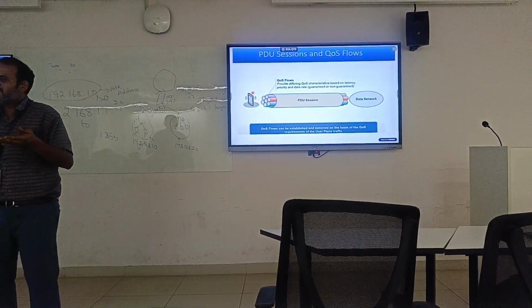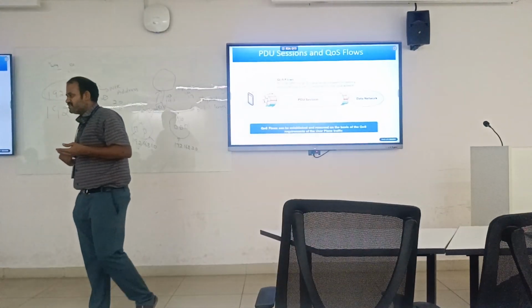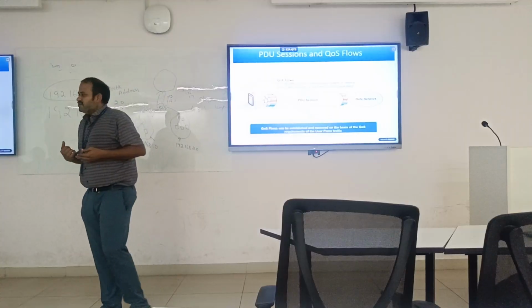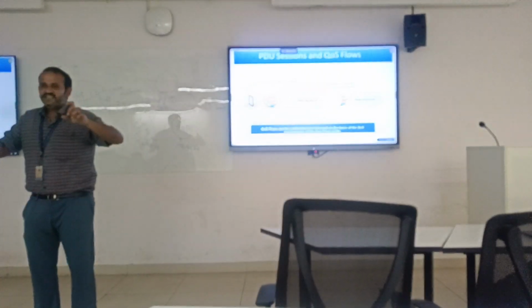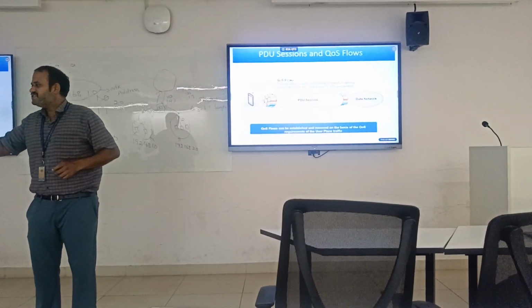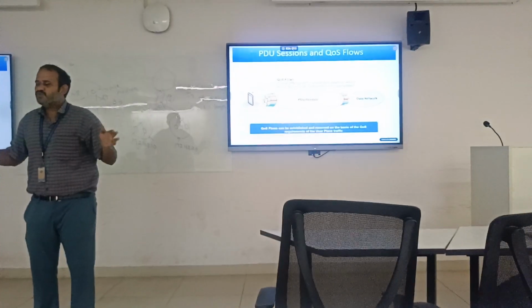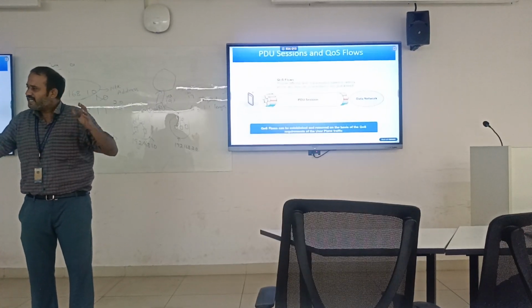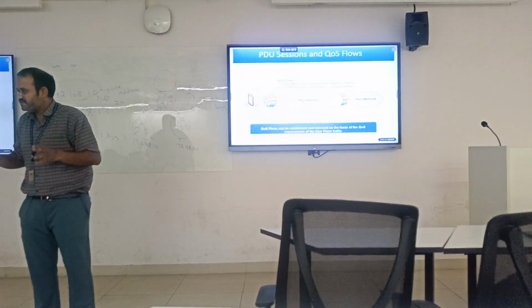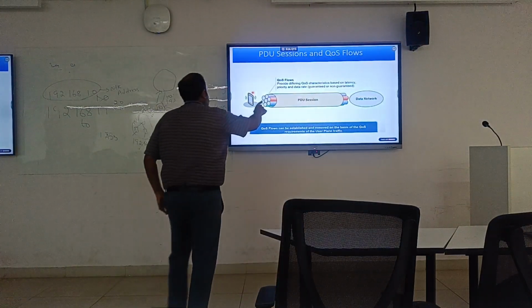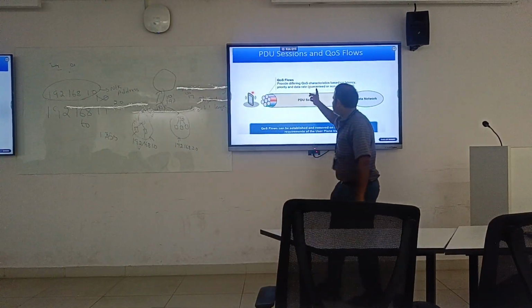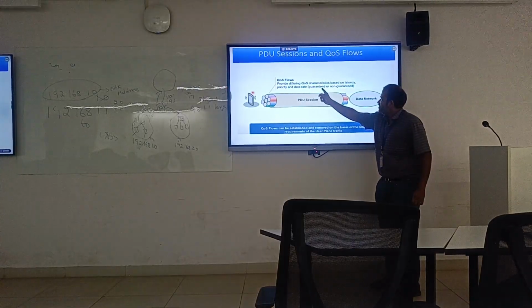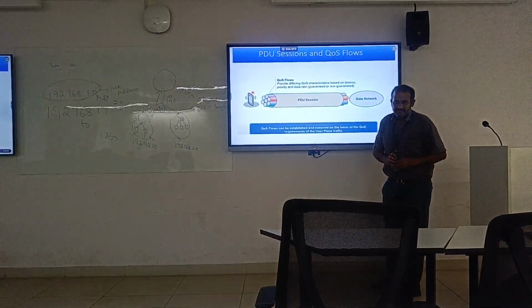That will come under the non-GBR case. So if a constant bit rate is to be transmitted, you need GBR. And if I don't need the constant, whenever I surf the data, I need non-GBR. That is the difference between GBR and non-GBR.